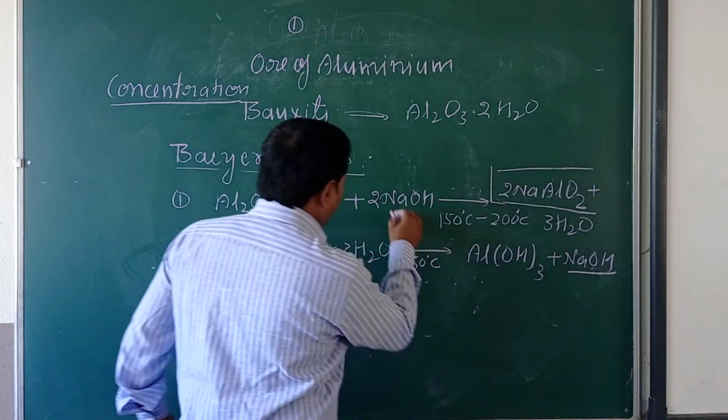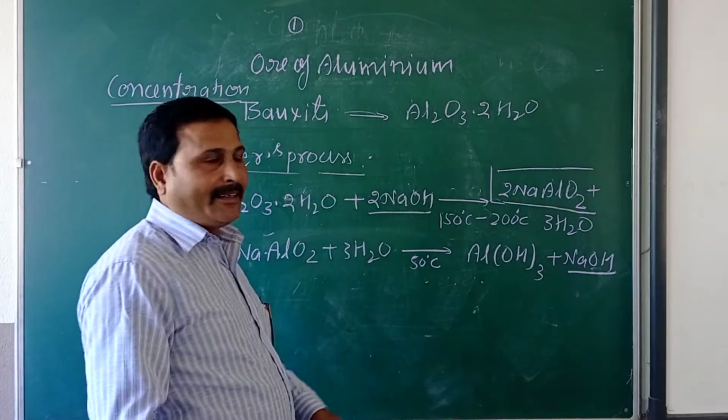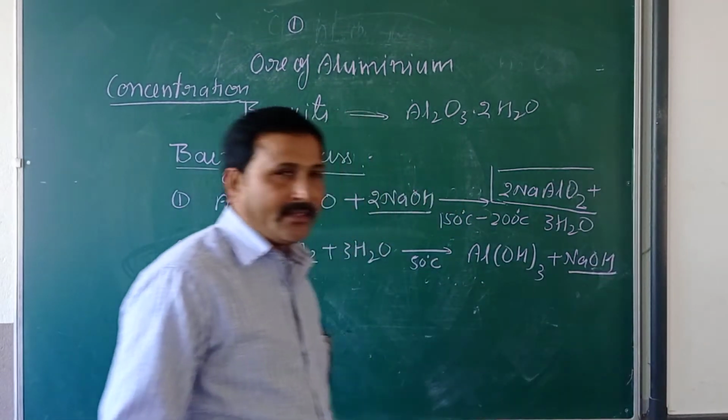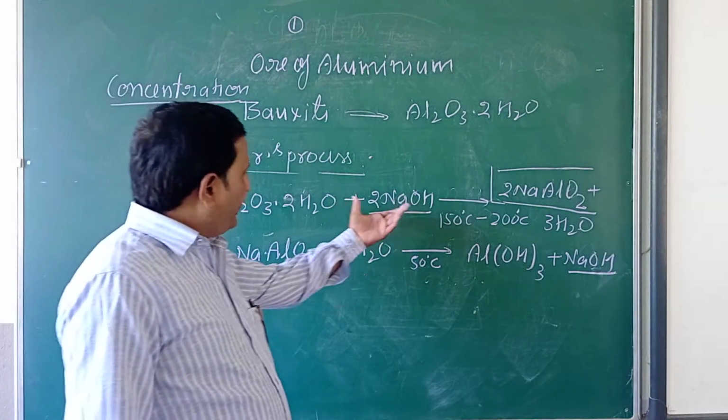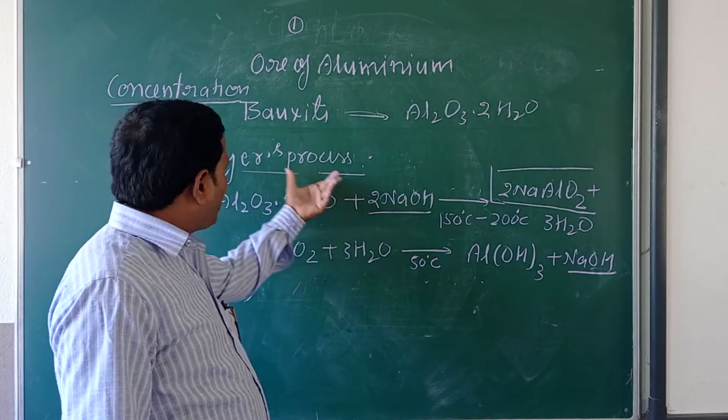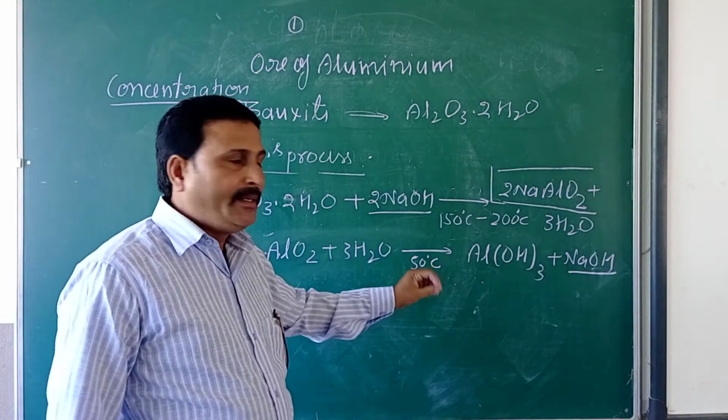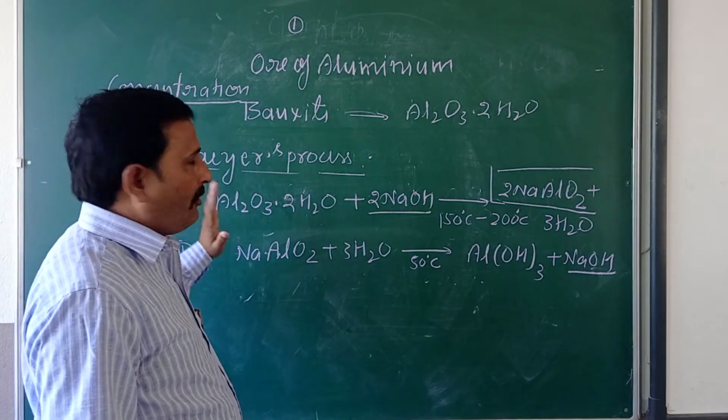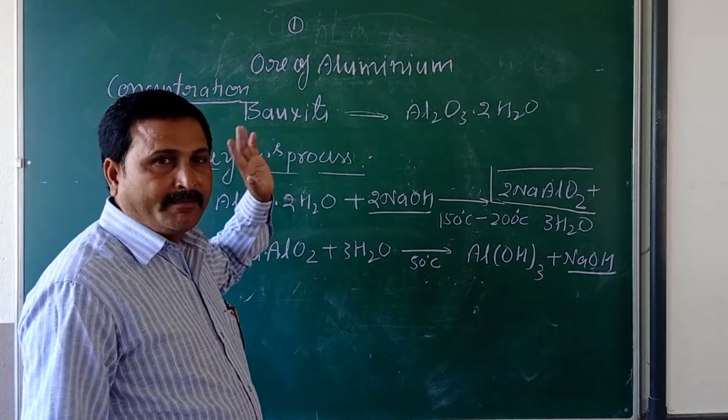See that the reactant is sodium hydroxide and the product is also sodium hydroxide. So Bayer's process is very cheap for the concentration of bauxite.